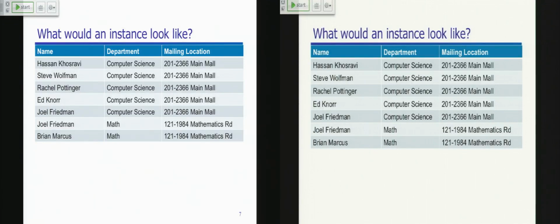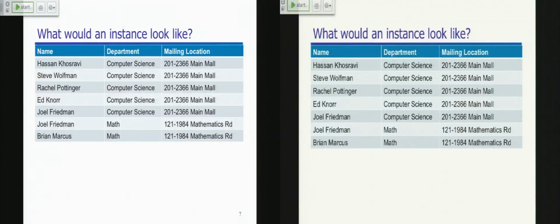There's a functional dependency between department and mailing location. So if you're comparing 2 tuples, if the department is the same, then your mailing location is the same. So you're basically storing a bunch of information that you don't really need to. It's wasting space. So what you can do is make another table that has only department with mailing location.